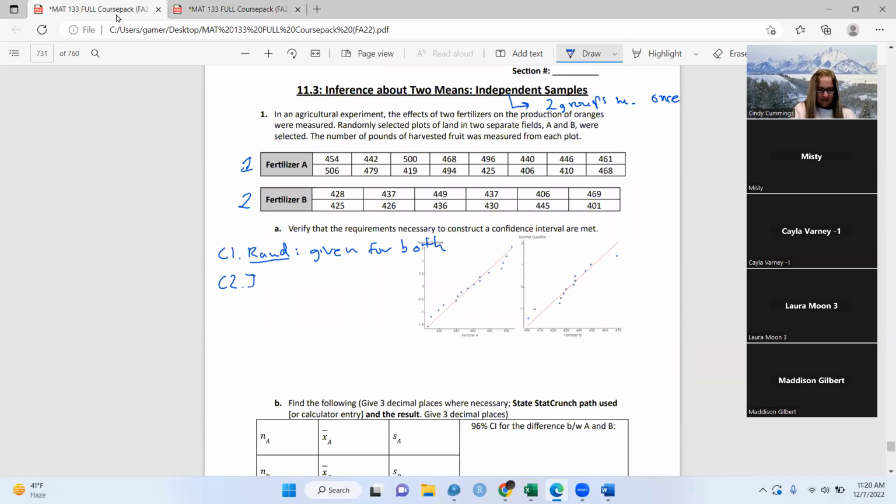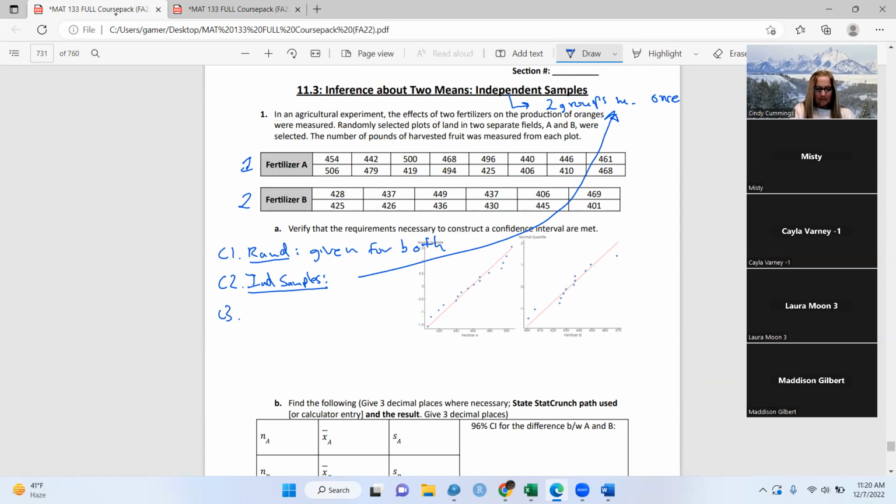So this is talking about the sampling, not that the samples are independent from the population. This is where you're saying two groups measured once. Is that good for everyone? Yes. Awesome.